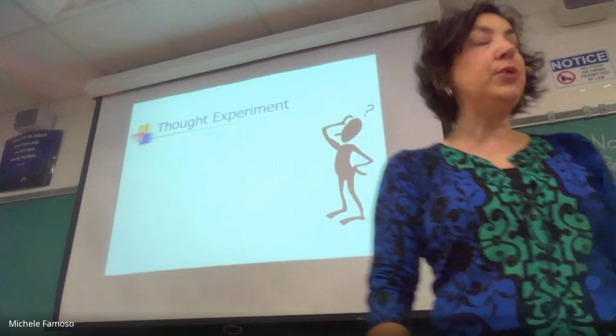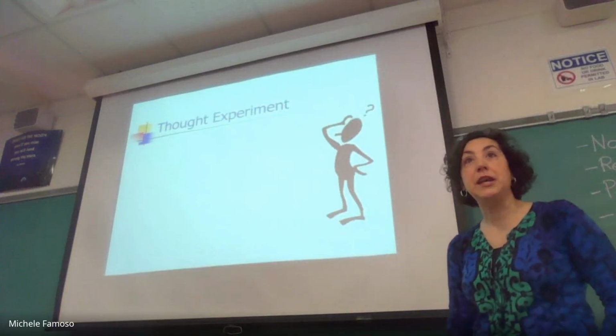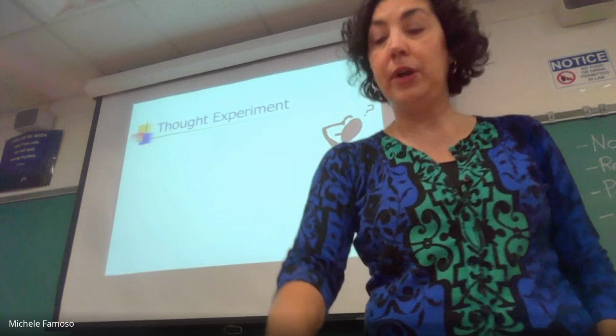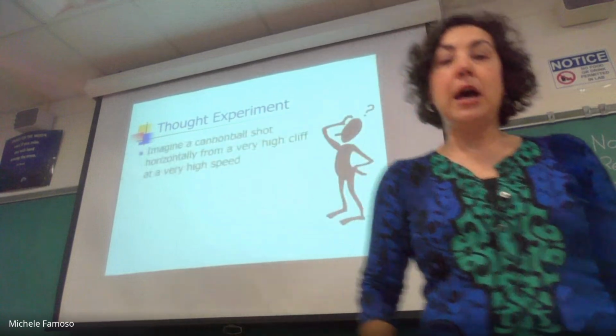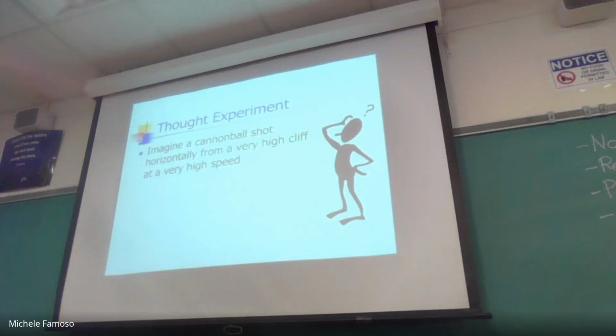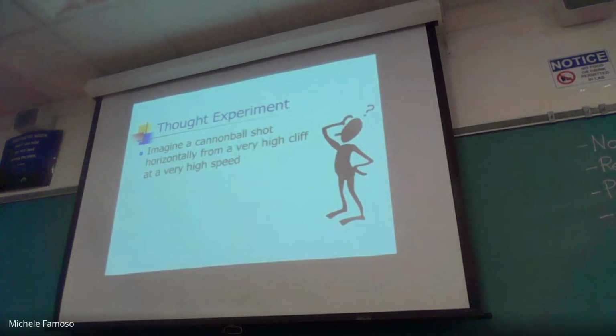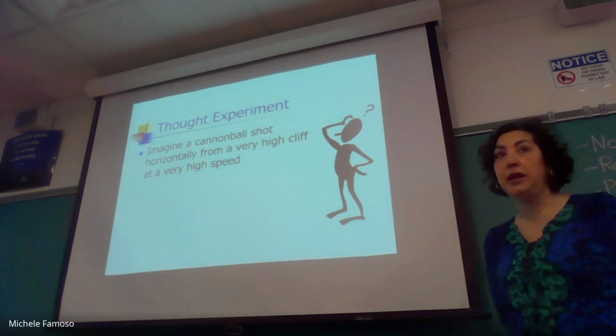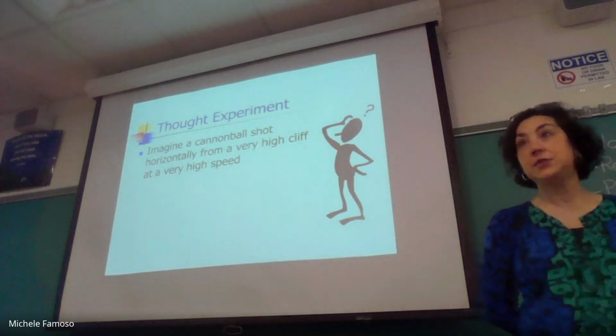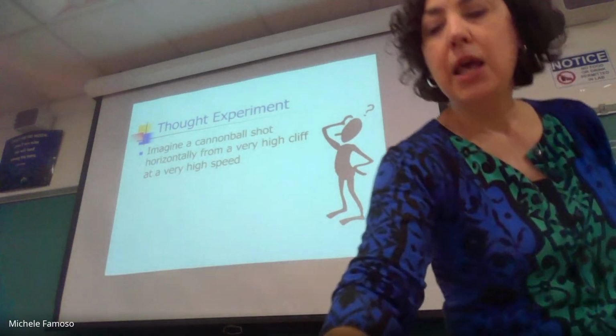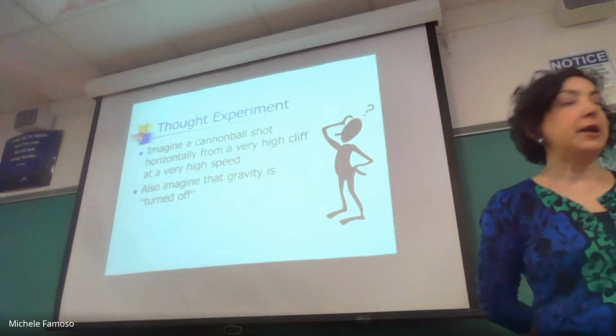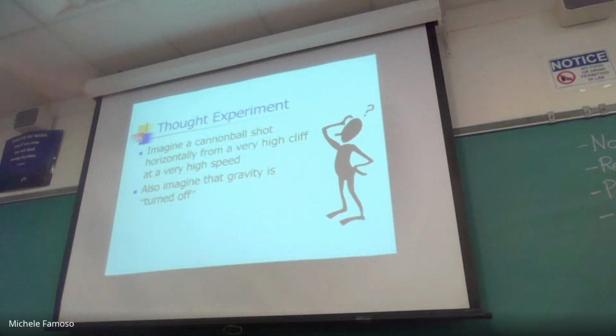All right, so let's do a little thought experiment, and you'll understand why we can't do this experiment in real life in just a minute. I want you to imagine that we are going to shoot a cannonball out of a cannon whose barrel is horizontal, and we are going to launch it off the top of a very high cliff at some really high speed. Here's where we have to do the imagining.